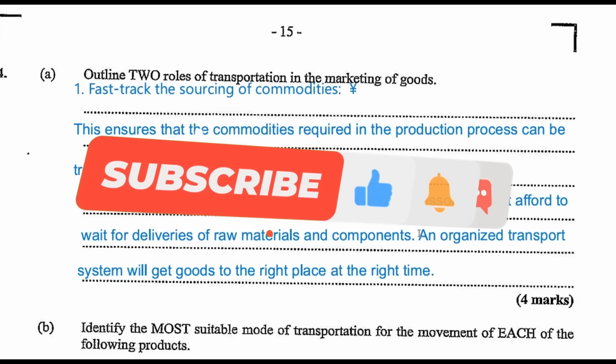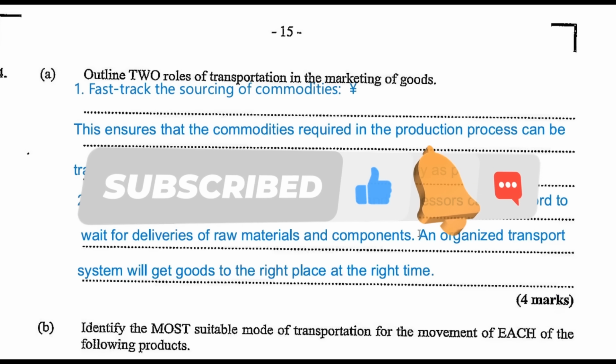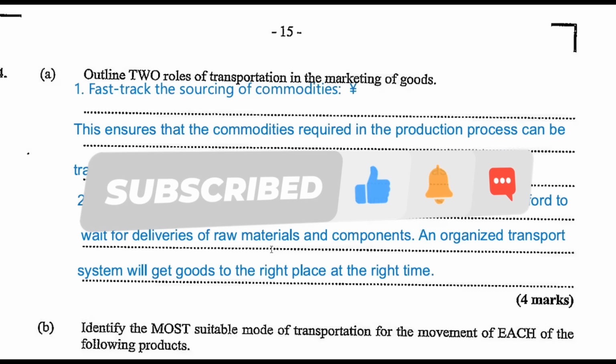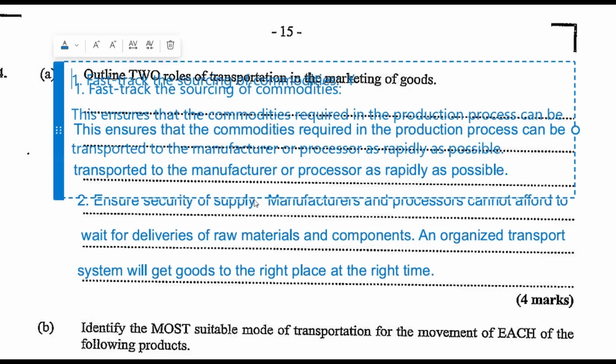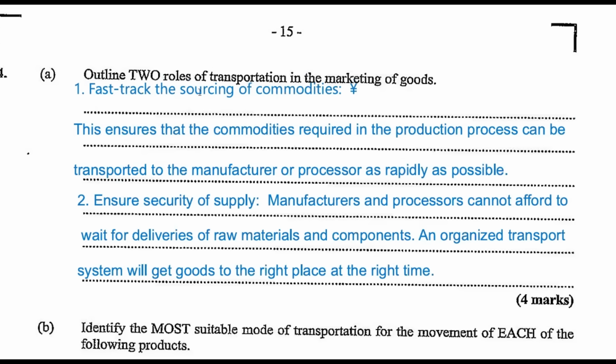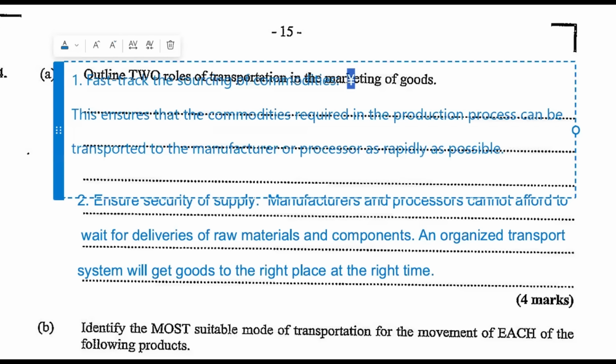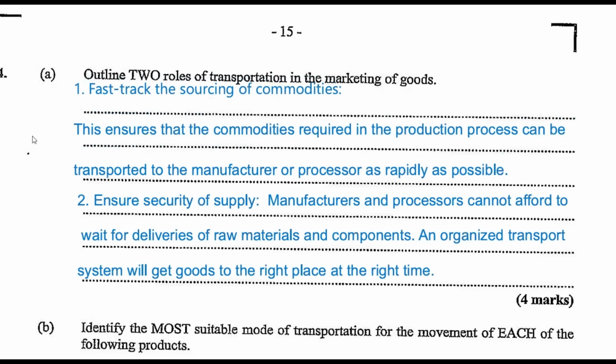Okay, so let's move on to question 4. Outline two roles of transportation in the marketing of goods. Alright guys, let's have a look at this. Now, in the marketing of goods, the first role is that it will fast track the sourcing of commodities. Commodities, as we all would know, would involve all those goods that they would use in the Caribbean.